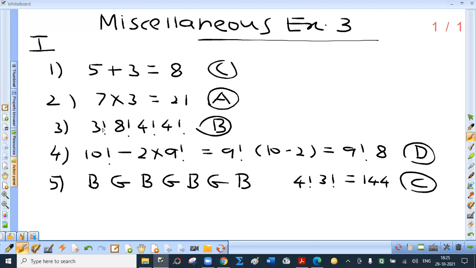Now, 8 Indians can be arranged in 8 factorial, then 4 Americans in 4 factorial and 4 Englishmen in 4 factorial ways. So by fundamental principle, total number is 3 factorial into 8 factorial into 4 factorial into 4 factorial, which is given in option B.